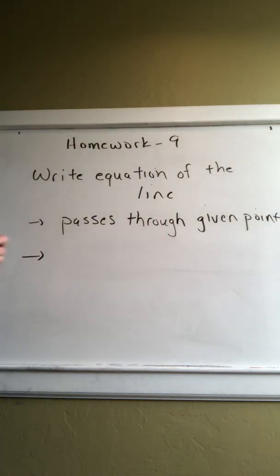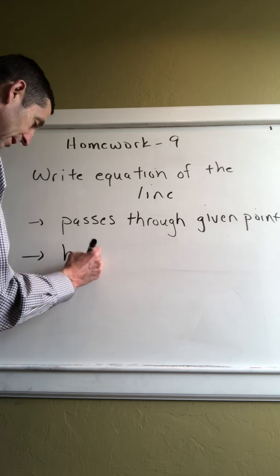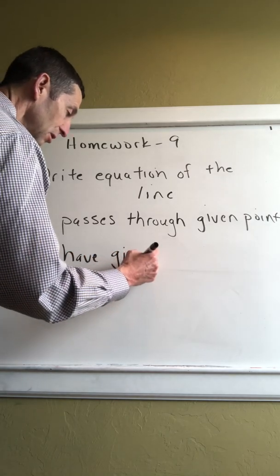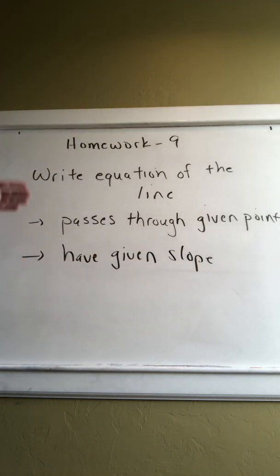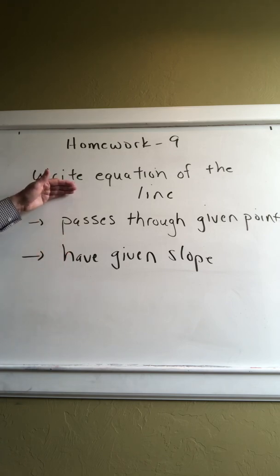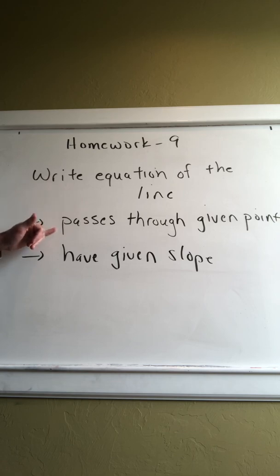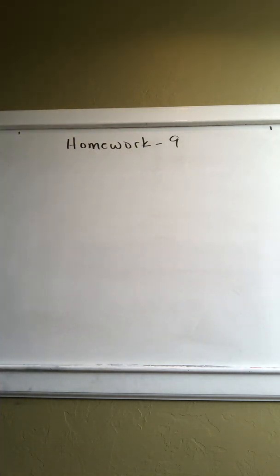You have a point that it passes through, and you have a given slope. So for homework 9, write the equation like we just did. I give you the point, I give you the slope, you write the equation. Okay, let's get it. So there's your directions.